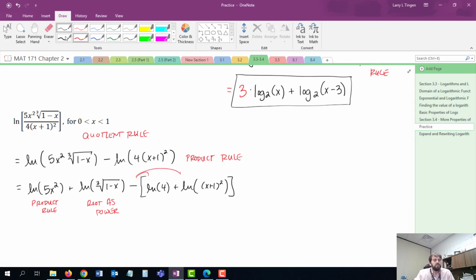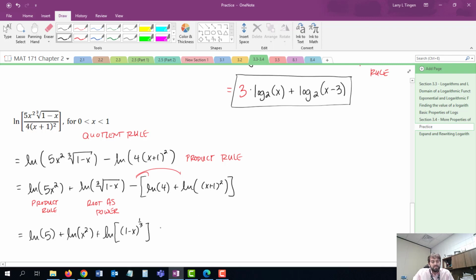So let's do all this in one step. Natural log of 5 times x squared is natural log of 5 plus the natural log of x squared plus the natural log of, that's 1 minus x, raised to the cube root, so that means that's raised to the 1/3 power, minus the natural log of 4, minus the natural log of x plus 1 squared.